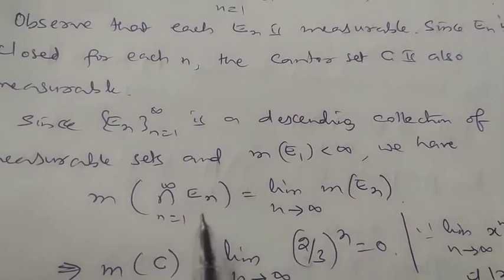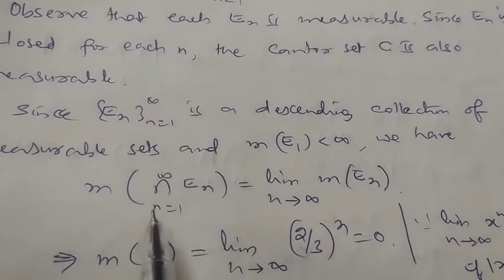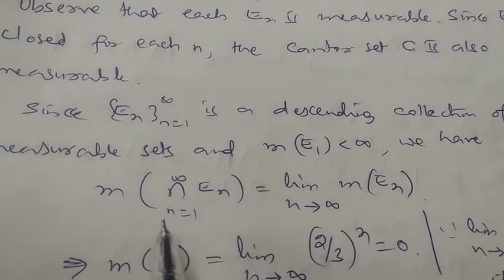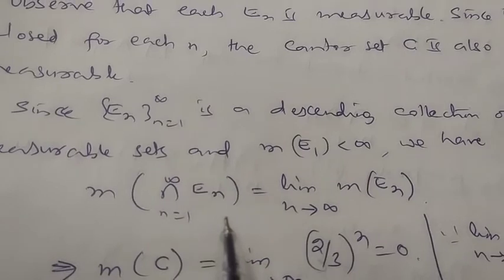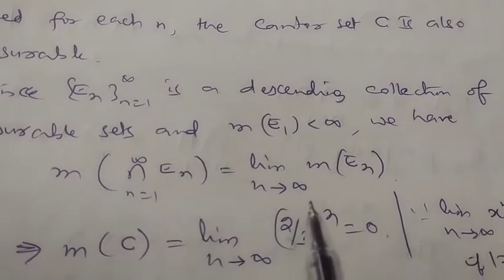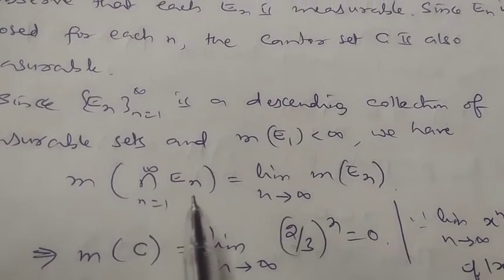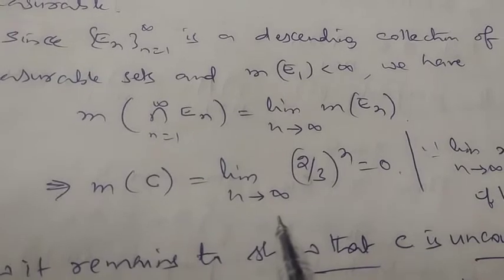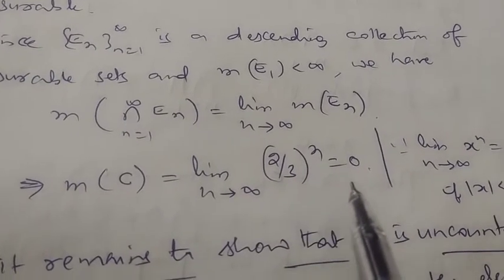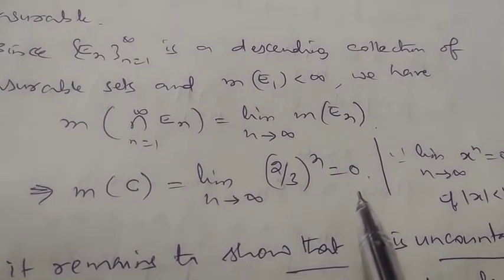Therefore, by the previous results that we have mentioned, the measure of the intersection of En, n equal to 1 to infinity, is equal to the limit as n tends to infinity of the measure of En. The intersection is C. So the measure of C is equal to the limit as n tends to infinity of (2/3)^n, which is equal to 0.